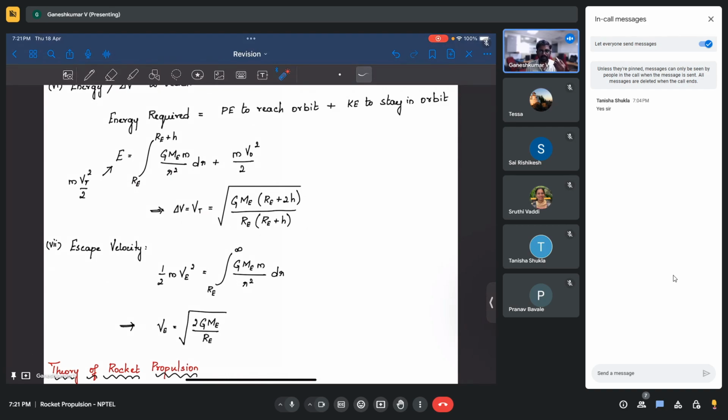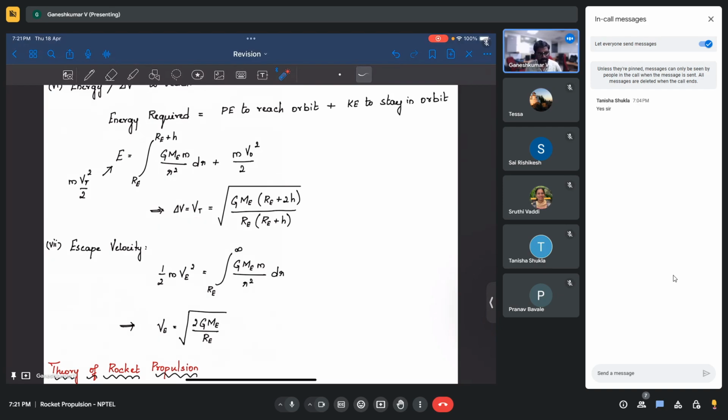We are just trying to quantify energy requirements in terms of velocity. That's why we use delta v here, and we do it only in rocket propulsion just for the sake of convenience. Instead of dealing with megajoules and these big numbers, it's easier to do in terms of velocity.